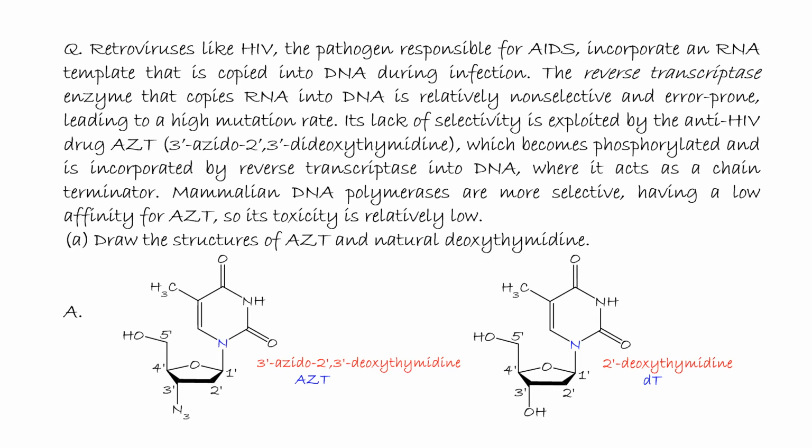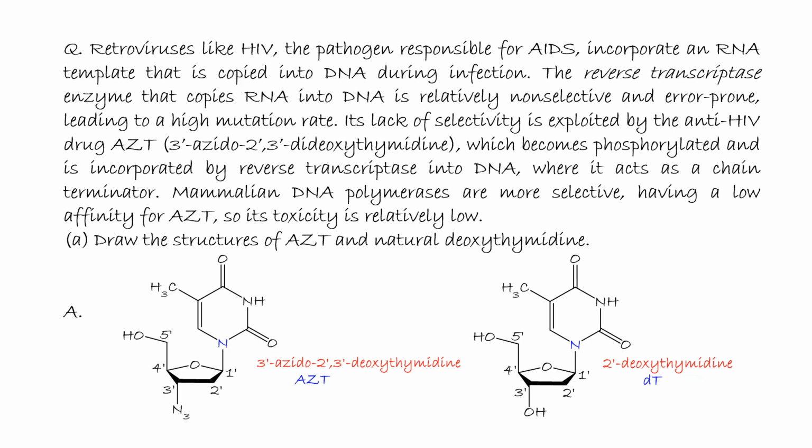Retroviruses like HIV, the pathogen responsible for AIDS, incorporate an RNA template that is copied into DNA during infection. The reverse transcriptase enzyme that copies RNA into DNA is relatively non-selective and error-prone, leading to a high mutation rate.